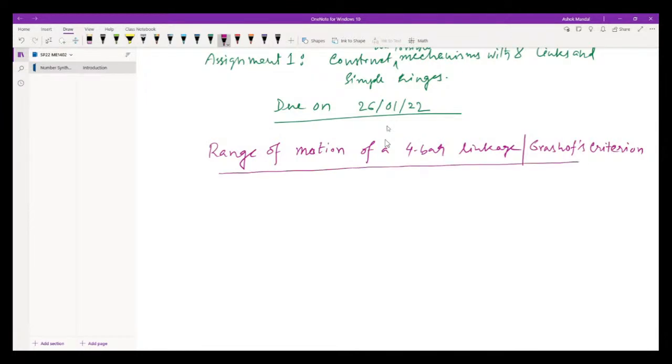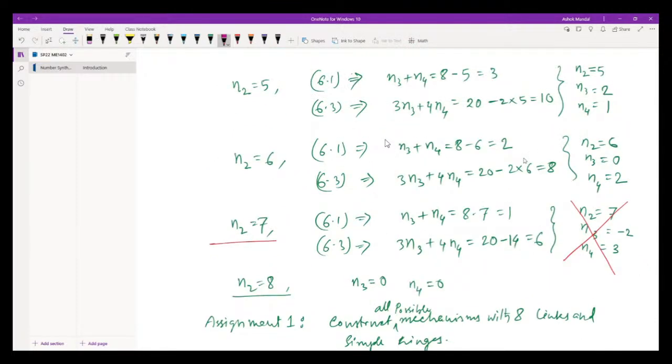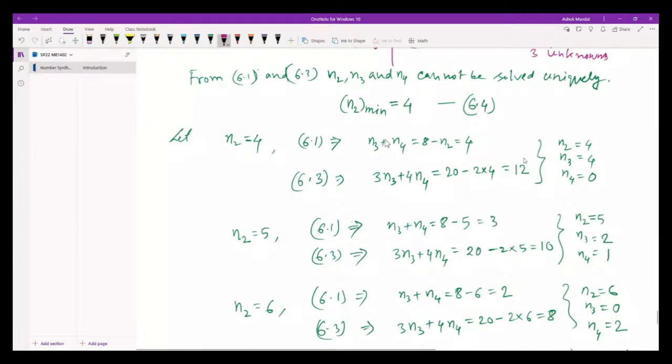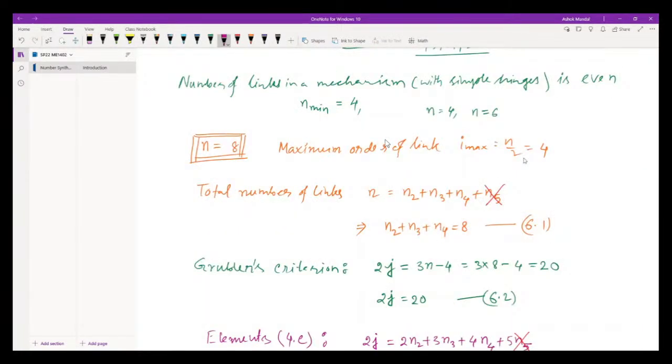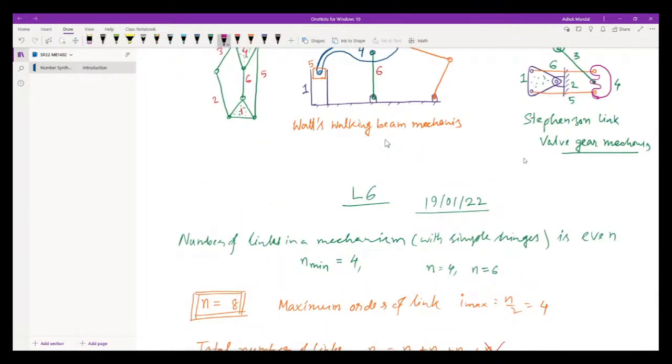Up till now, in the discussions we made on number synthesis, we only know the effective degree of freedom when there are n number of links in a mechanism connected by hinges.